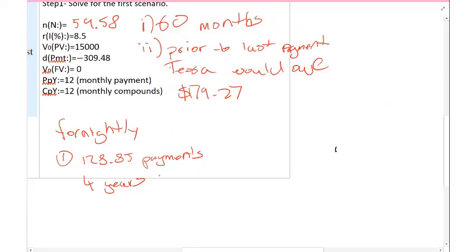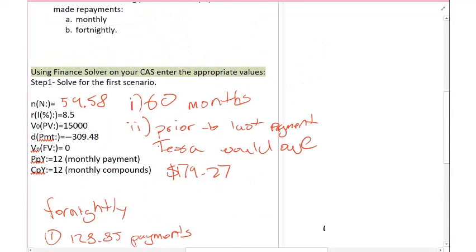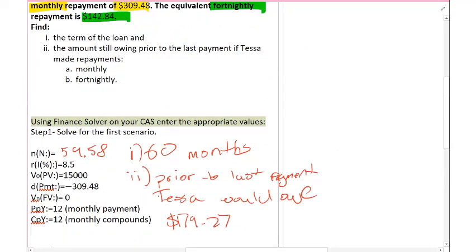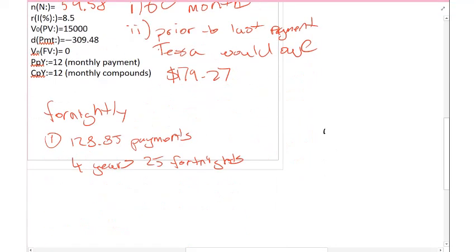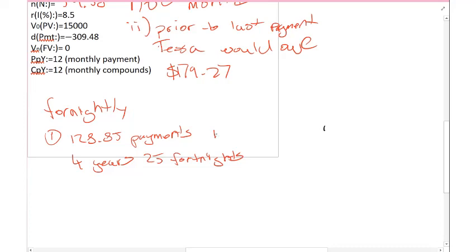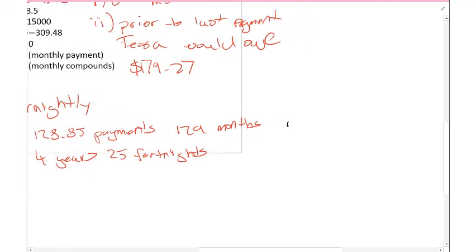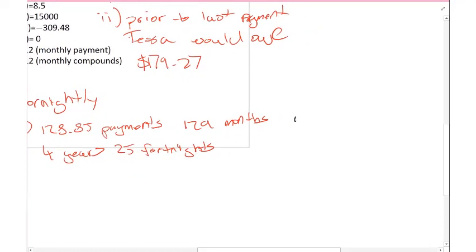So 4 years and 25 fortnights. Okay, so that's the term of the loan. I can see that it would have been 129 payments, but if I want to be pedantic, it's 4 years and 25 fortnights.